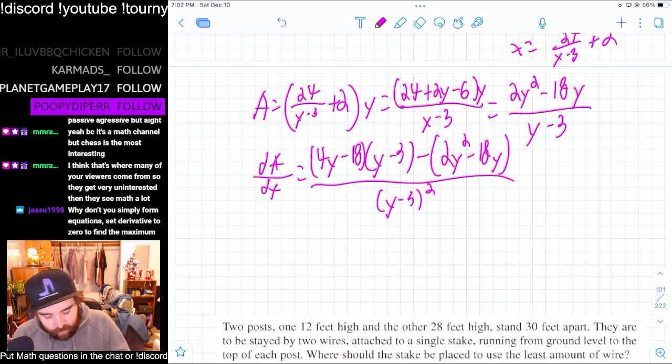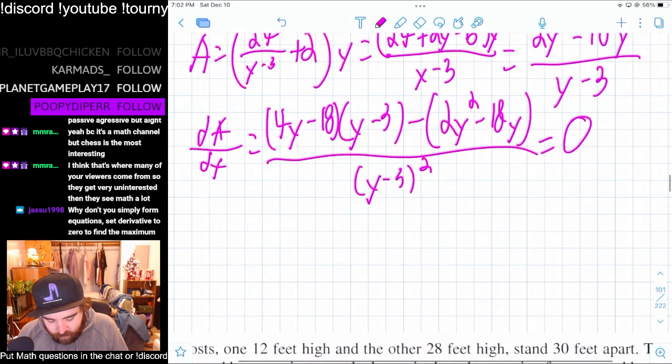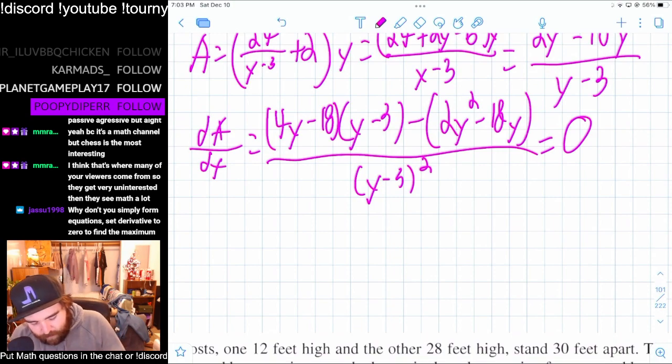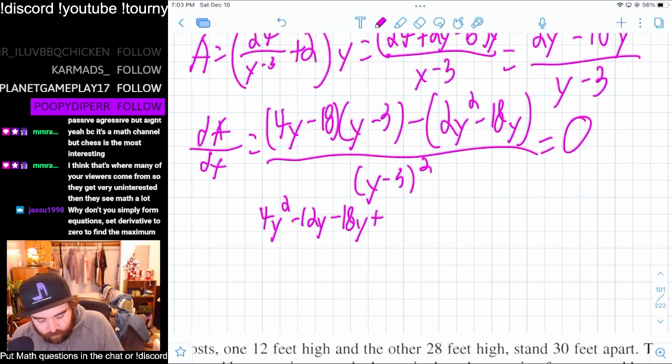And now we want to set that equal to 0. Well, at least we've only got a quadratic. We're really working into the next problem. But we set it equal to 0. We just have to look at the top, I suppose. So I need to distribute everything on the top. So 4y squared minus 12y minus 18y plus 18 times 3, which is 54, minus 2y squared plus 18y.